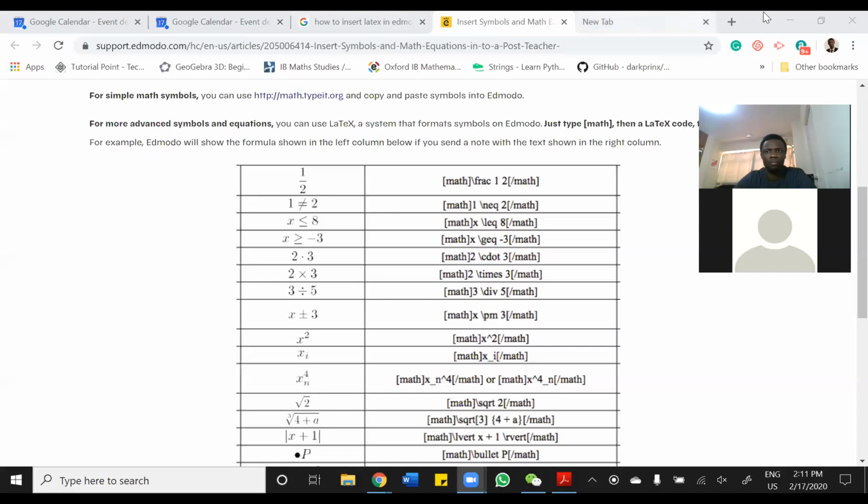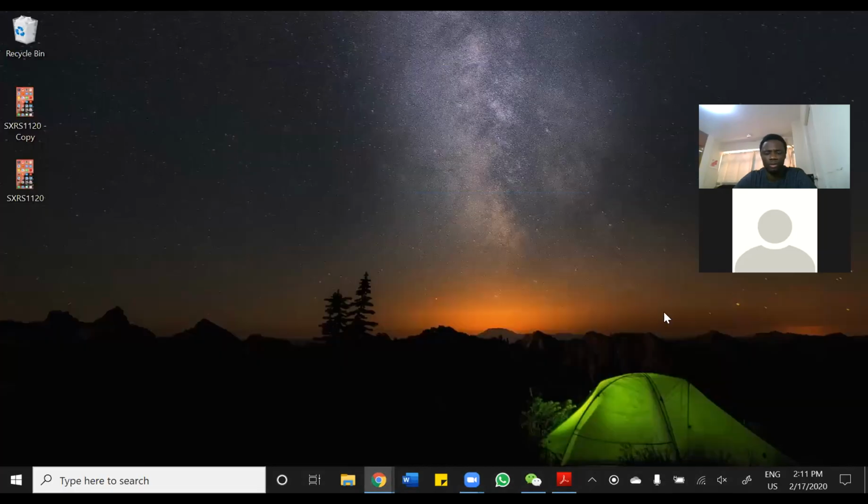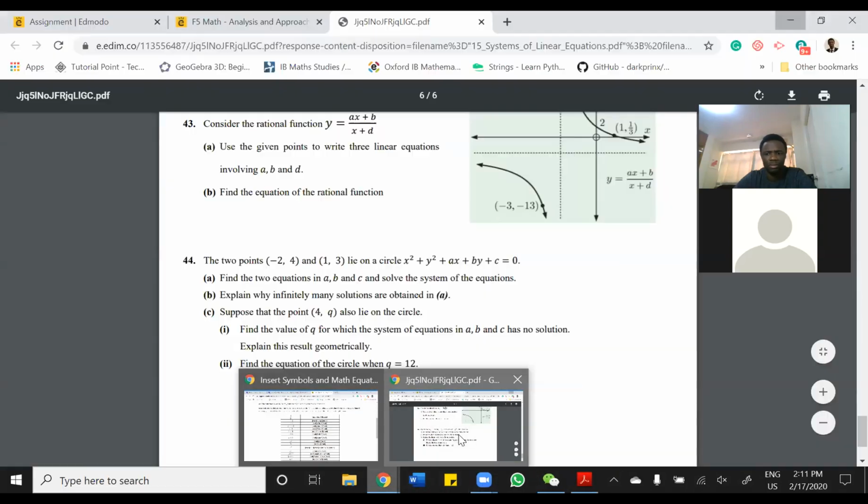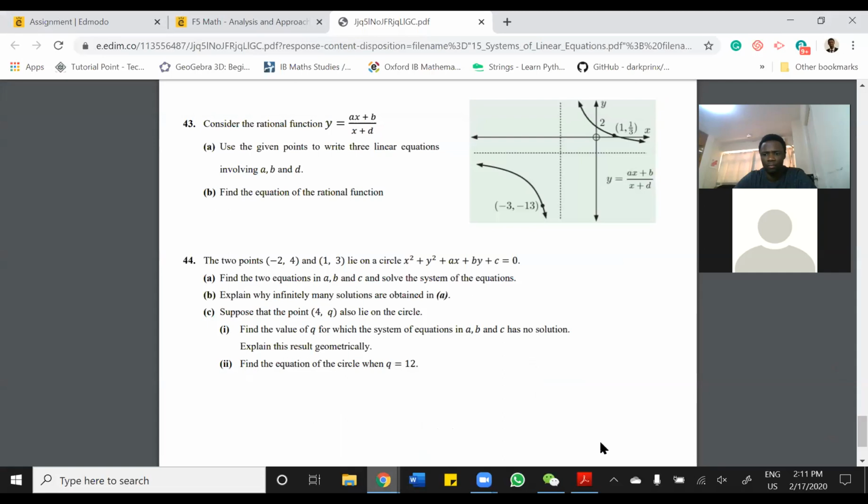All right, so I'm going to share my screen now, show you what I can see, the 44C that is talking about. Can you guys see my screen? Okay, good. All right, so this is 44C.